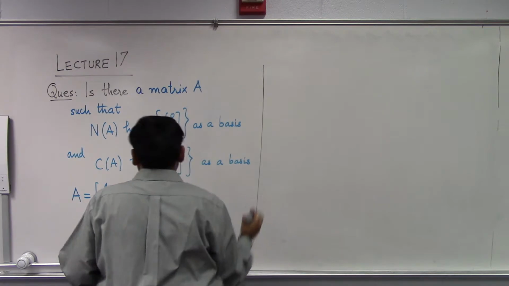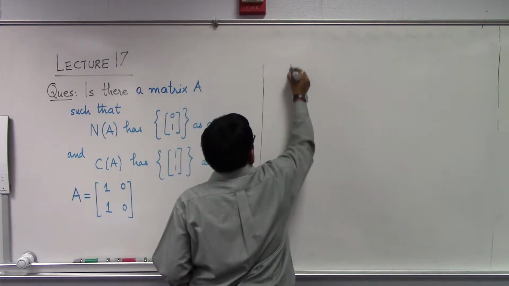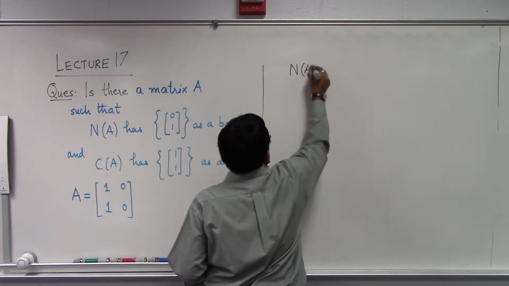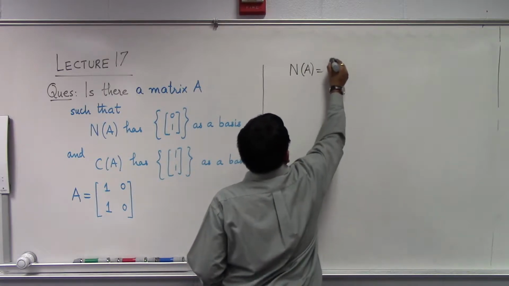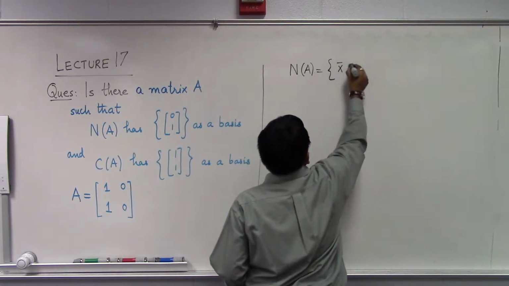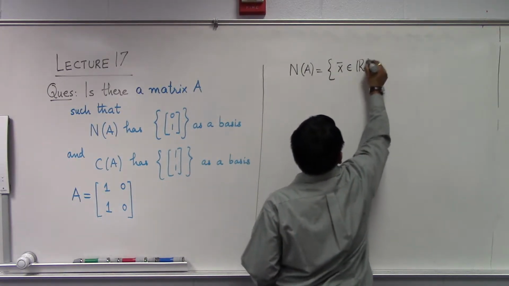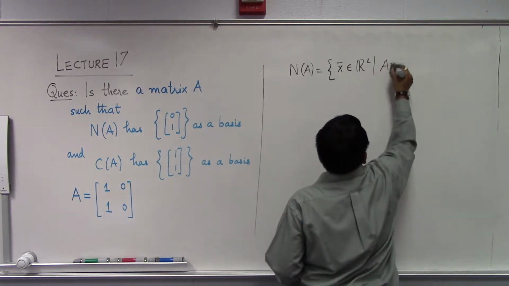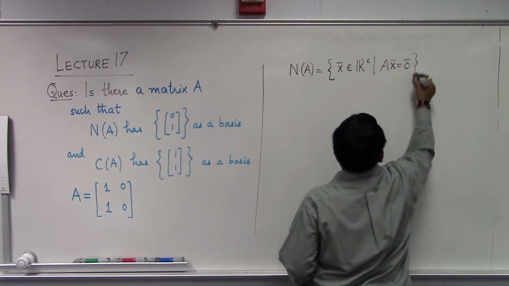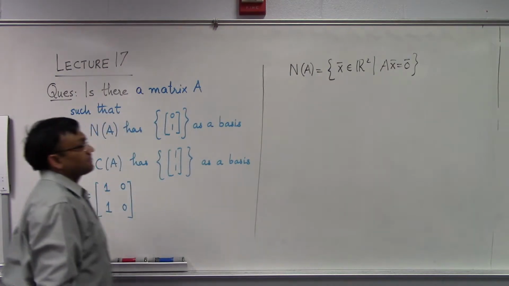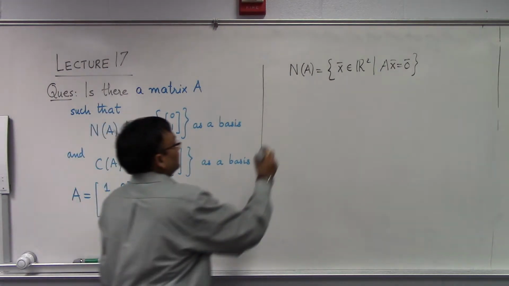So what is the null space of this thing? For null space, I need to find all those x in R2 such that Ax gives us the 0 vector. Okay, so let's try and see what happens.